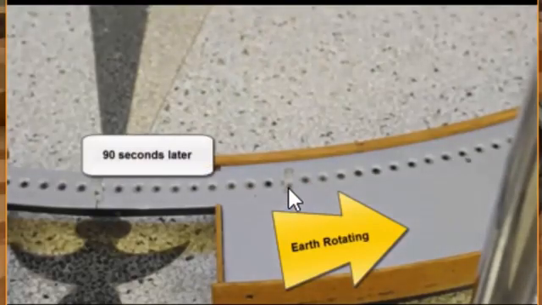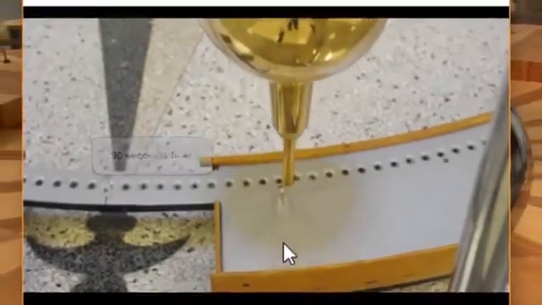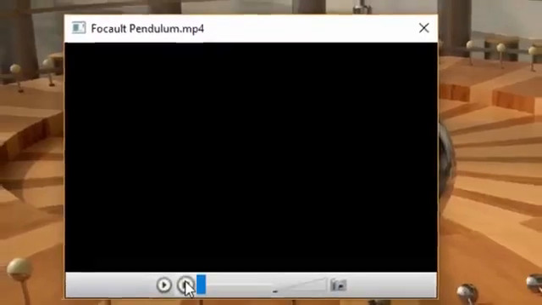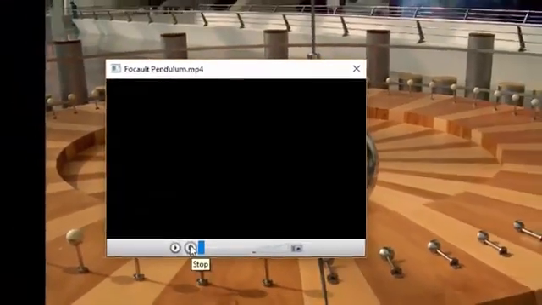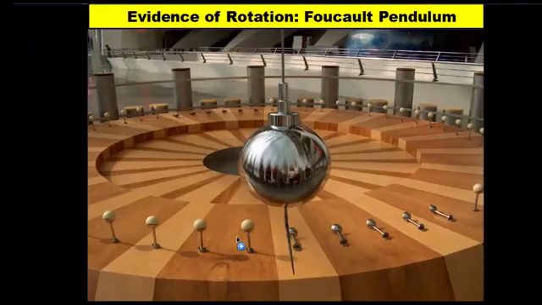And at about 90 seconds after we started, this pendulum is going to come swinging, and it's going to knock down the peg. And the reason why that happens is because the Earth was rotating underneath the pendulum. If the Earth did not rotate underneath the pendulum, then the pegs wouldn't be knocked down. And that's why when you take a look at this picture here, you'll see these sets of pegs knocked down here, and those sets of pegs knocked down on the opposite side. So that's Foucault's pendulum, and that's Earth's rotation.